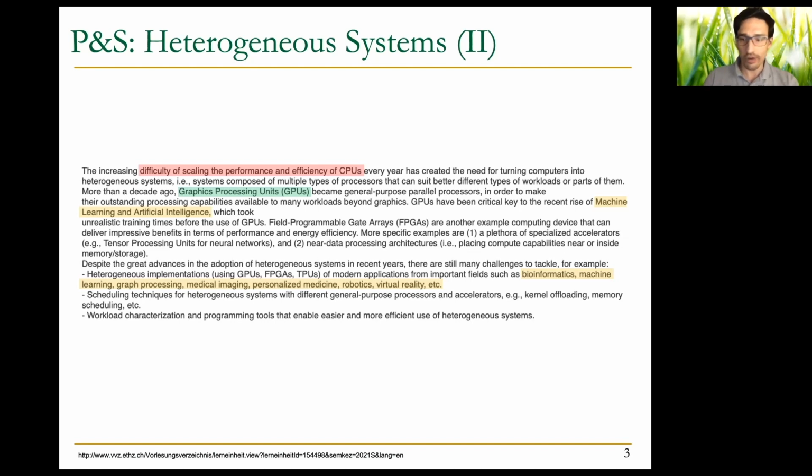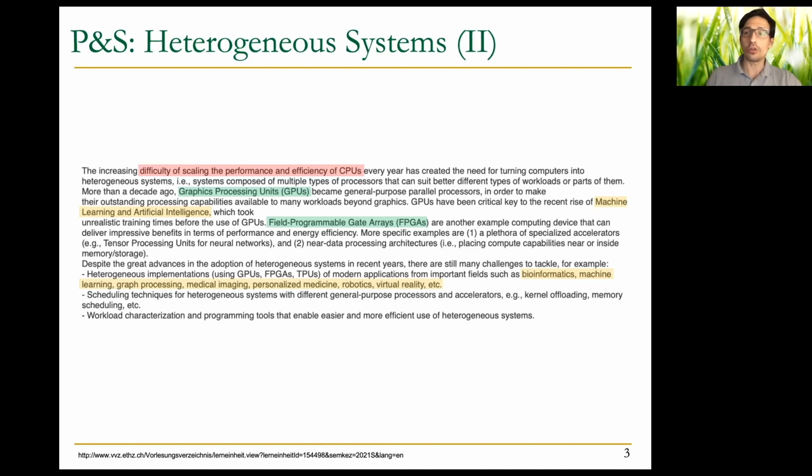And it's not only graphics processing units, it's also, for example, field programmable gate arrays. These are even older devices, but they are more and more important these days because they can provide very good improvements in terms of performance, and especially in terms of energy efficiency.